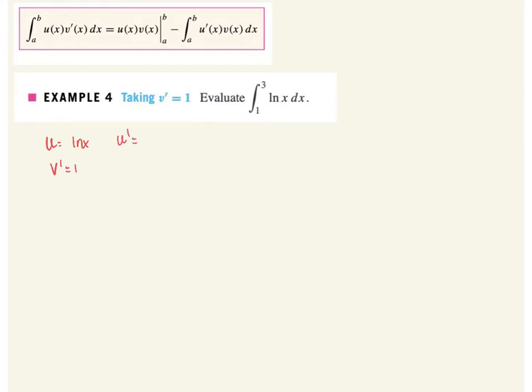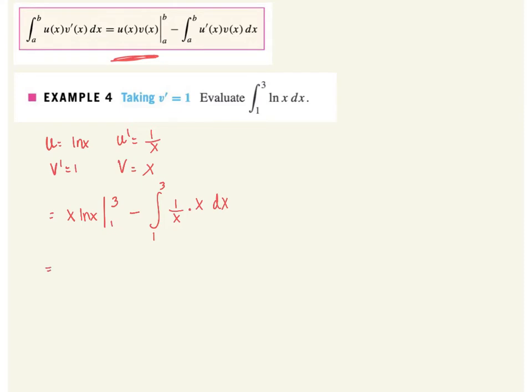Therefore, u prime is 1 over x, and v would return to an x. So this is equal to x ln x from 1 to 3, that's this portion of the rule, minus the integral from 1 to 3 of u prime, which is 1 over x, times v, which is x, dx.